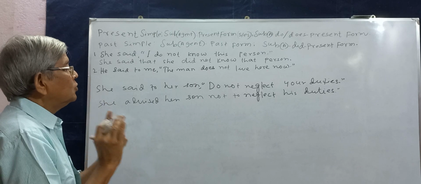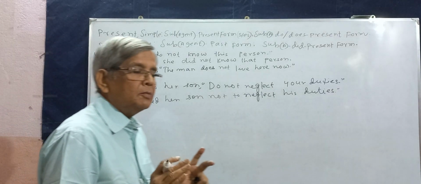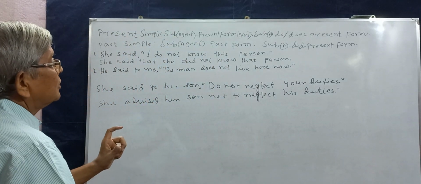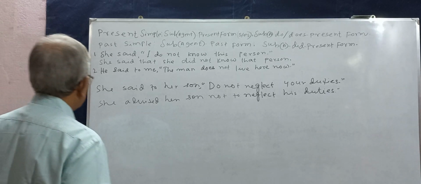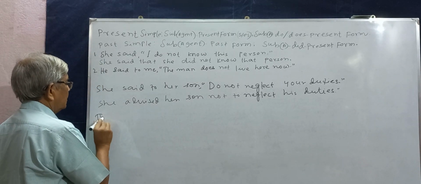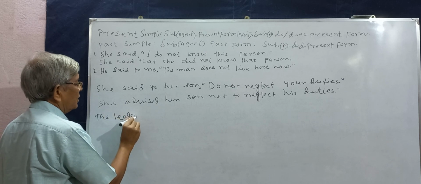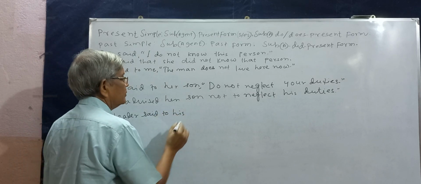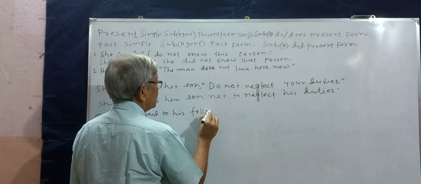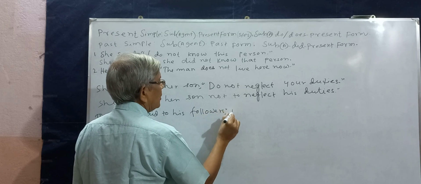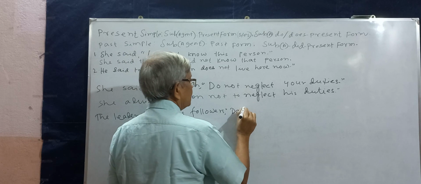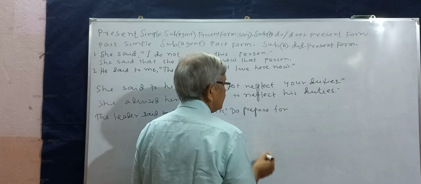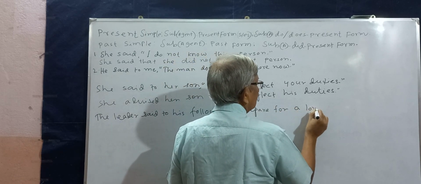Now we can use do in a positive imperative sentence to lay emphasis on the principal verb, as you can do in statements, positive statements. The leader said to his followers, do prepare for a long struggle.